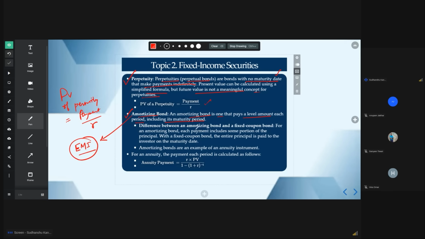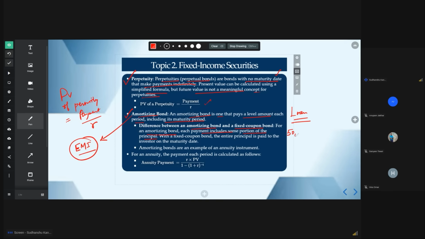What is the difference between an amortizing bond and a fixed coupon bond? For an amortizing bond, each payment includes some portion of the principal and interest. If you have not taken a loan, you might not be that aware, but if you have ever taken a loan, check your loan schedule which the bank gives you. Let's say your EMI is 50K.